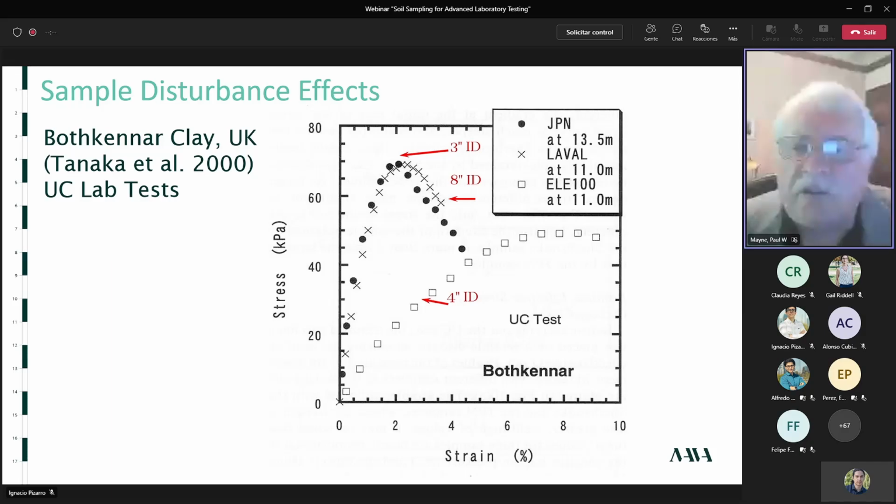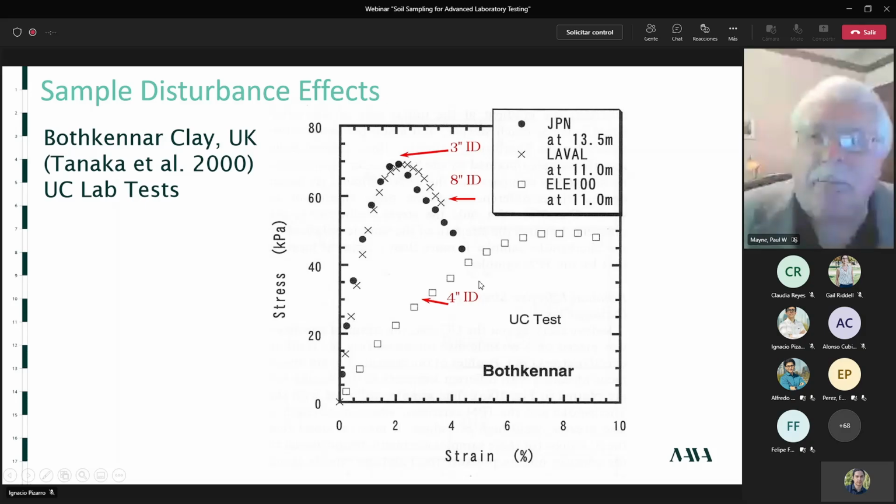The lowest sample there, in the open squares, ELE 100, is a 100 millimeter diameter sample, very similar to a Shelby tube. Shelby tubes are more like 78 millimeter. But you see the stress-strain curve is much flatter, and it peaks out at only about 50 kPa.